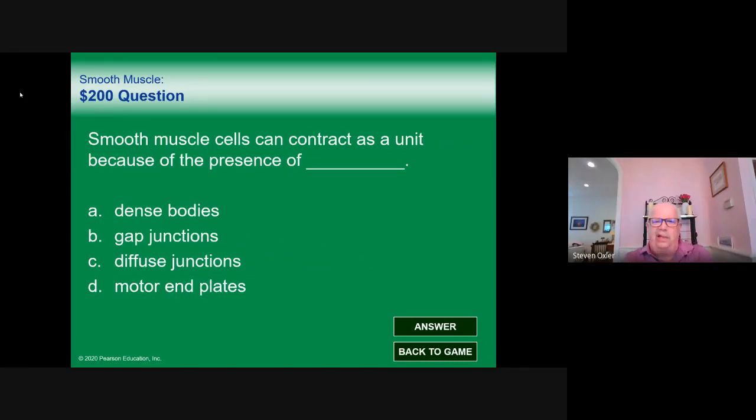Smooth muscle cells can contract as a unit because of the presence of blank, only in smooth muscle.